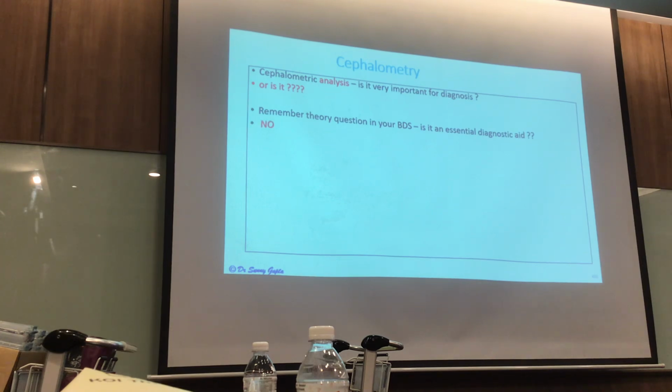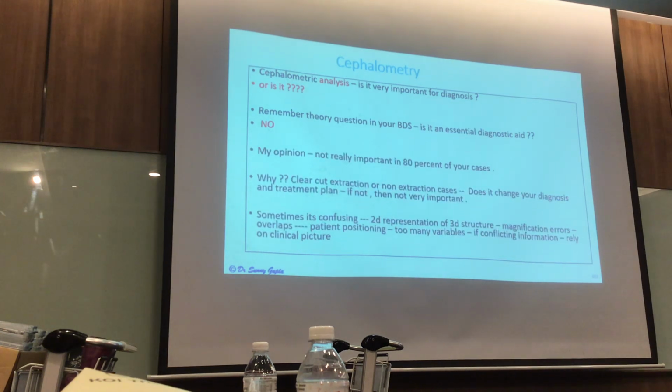I'm not talking about the cephalogram, I'm talking about cephalometric analysis. In clinical practice, in 80% of your cases, most of the decisions you will be able to make by looking at the ceph without performing the cephalometric analysis. In the remaining 20%, if they are surgical cases, complex cases, or if there is a confusion, you can do cephalometric analysis.